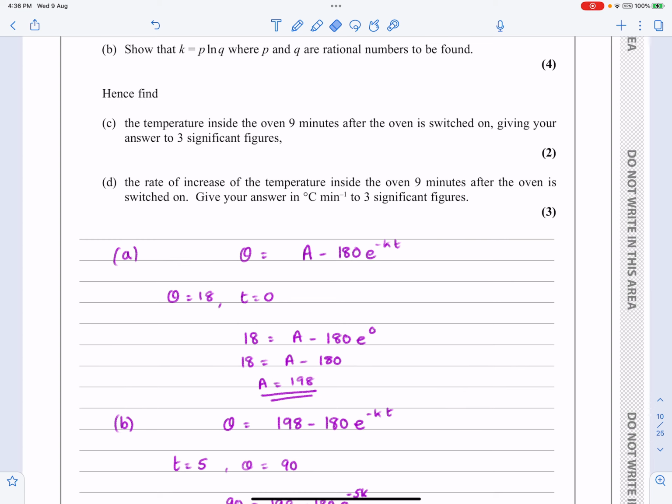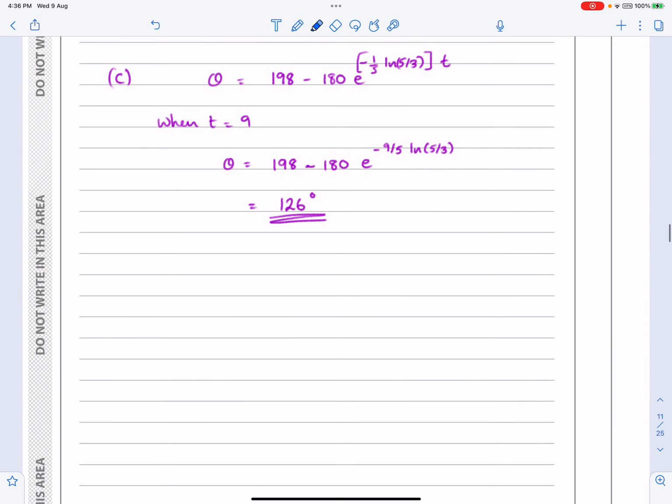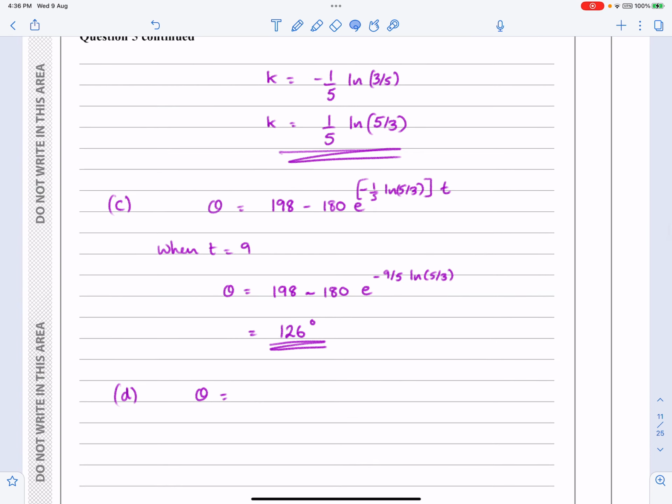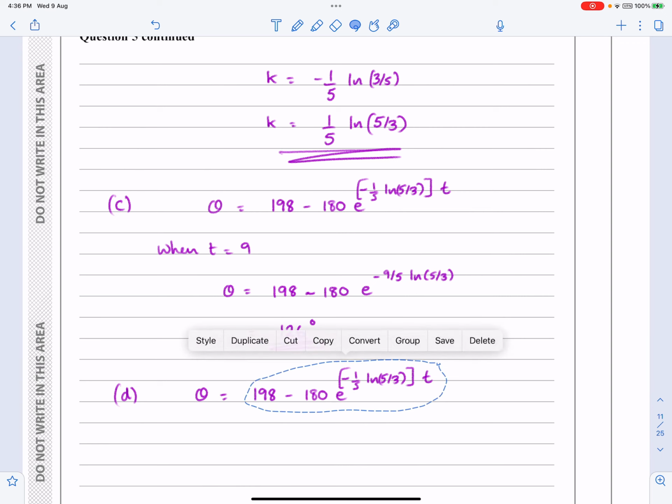Then part D says, can we find the rate of increase of temperature? That's a nasty little bit at the end of this question, isn't it? But what they're basically saying then, if I've got theta is equal to, and do you know what, I'm just going to use my iPad to copy this thing out because it's a pain to keep writing it. Theta is equal to that.